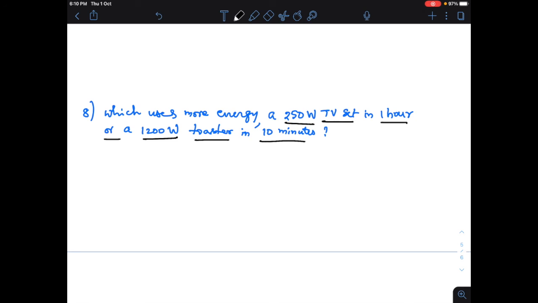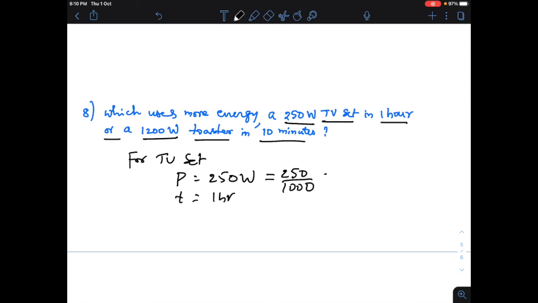Now, for the TV set, power is 250 watts, time is 1 hour. Now, this 250 watts, let us convert to kilowatts. So, 250 by 1000 kilowatts, that is 0.25 kilowatts.